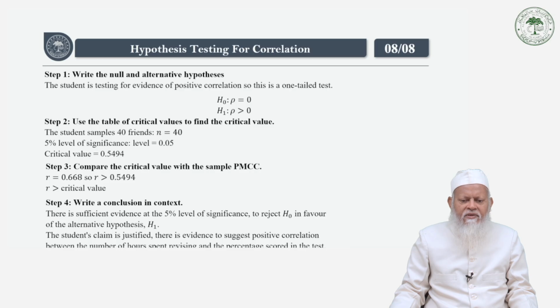There is evidence, so we reject the null and accept the alternative hypothesis, that the more studies put in, the better it would be. There is evidence to suggest positive correlation between the number of hours spent revising and percentage scored in the test. So this is done here.